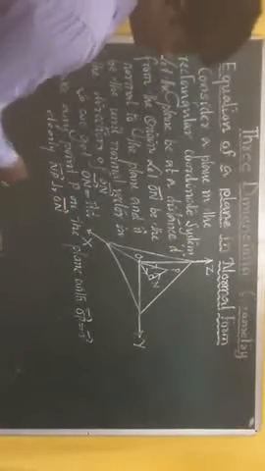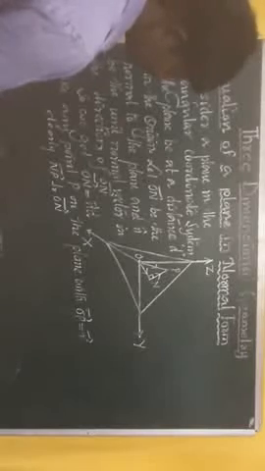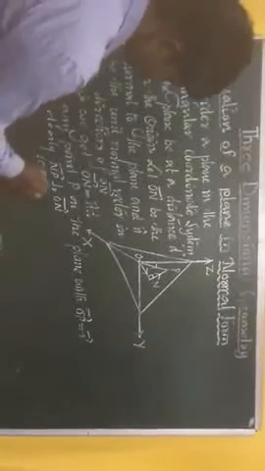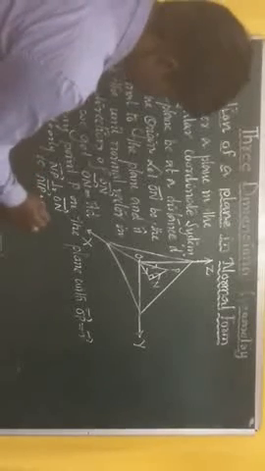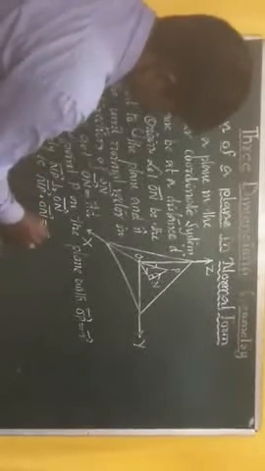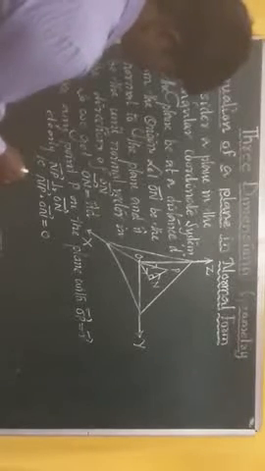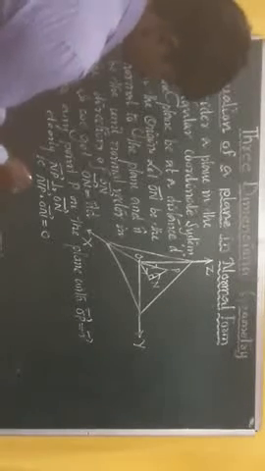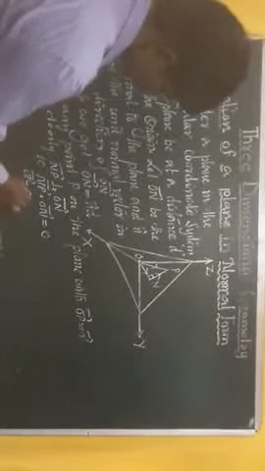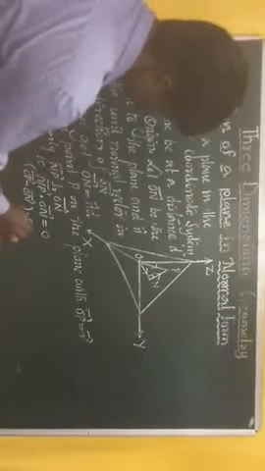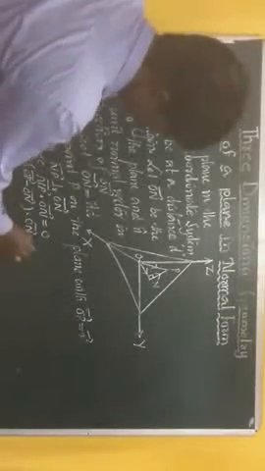If two vectors are perpendicular, according to the dot product, NP vector dot ON vector must be equal to 0. NP vector can be written as OP vector minus ON vector, dot ON vector, equal to 0.